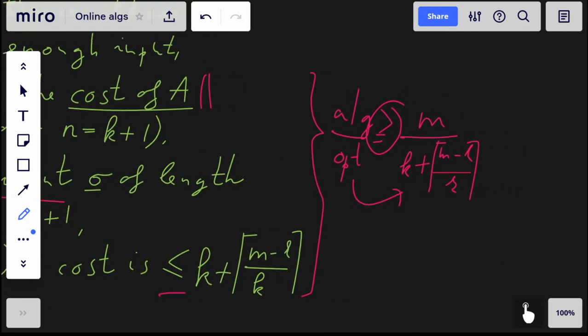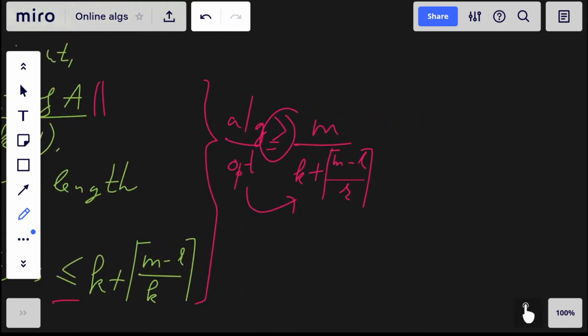And since K is constant, this will eventually converge to M divided by M over K, which is just K if M goes to infinity.